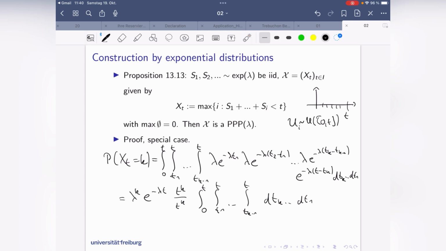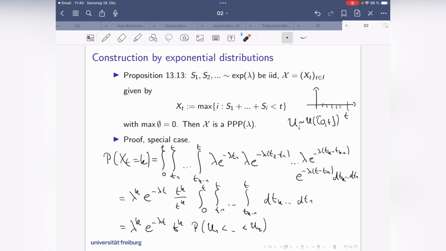And here I can write it as the probability that U1 smaller than and so on smaller than Uk. Because the Ui's here should be increasing in order, so that's exactly this.